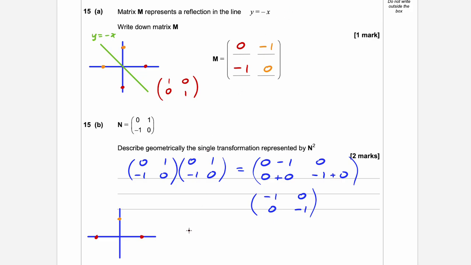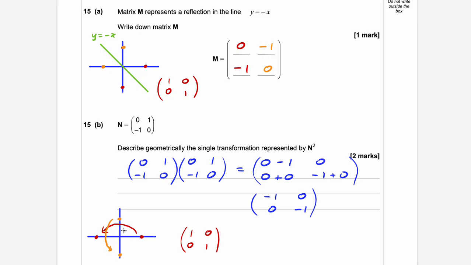Sorry guys, I should have written our identity matrix. So our (1, 0) has gone over there, and our (0, 1) has gone to (0, -1). So he's gone all the way over there, and all the way down there. So what's actually happened is, it's just a rotation, because he has rotated to there, and he has rotated to there.